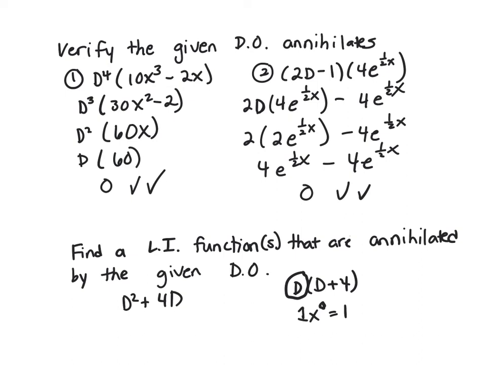Remember, it's D minus alpha, so it would be e to the -4x, because if you were to go back and find the differential operator, it would be D minus a minus 4. So my 2 linearly independent functions are 1 and e to the -4x. But once again, that 1 can be any constant.